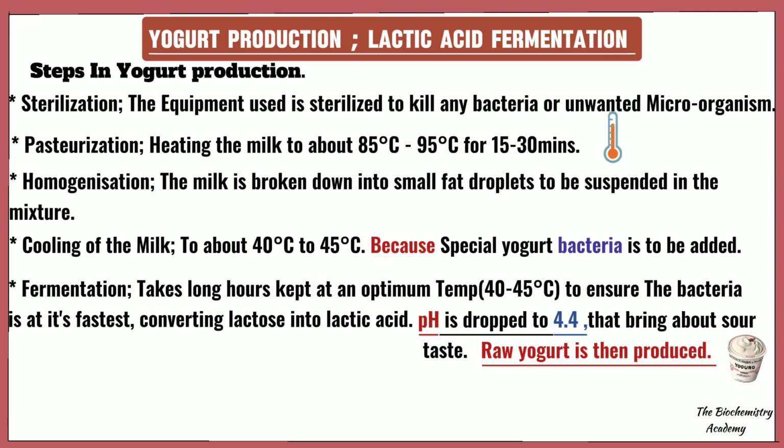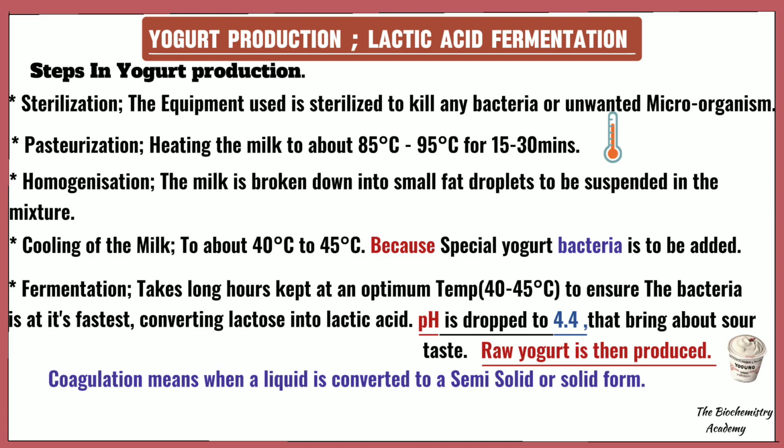Solidification happens because the protein begins to coagulate. Coagulation means where a liquid is being converted into a solid or a thicker liquid. In this process, the milk is being converted into yogurt.